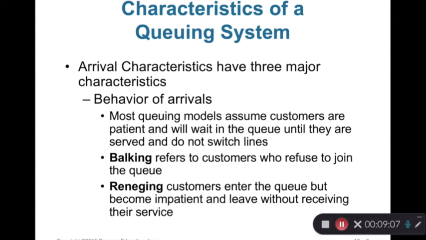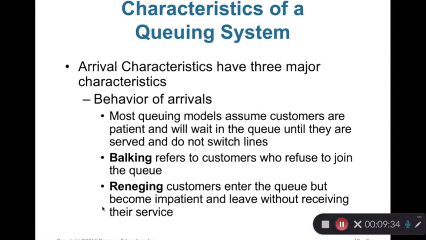Also, we should look at the behavior of arrivals. Most queuing models assume customers are patient and will wait in the queue until they are served and do not switch lines. But we also have some other kinds of customers. Balking refers to customers who refuse to join the queue.